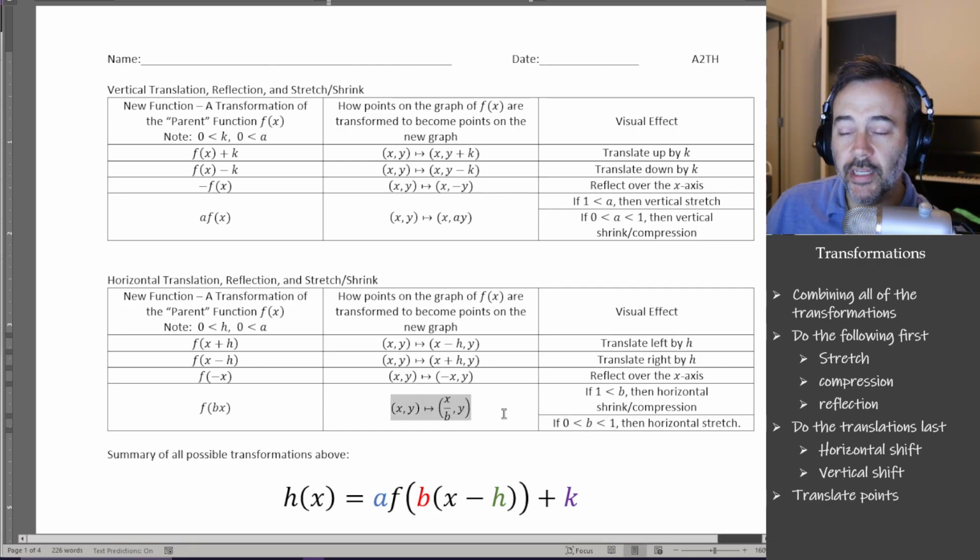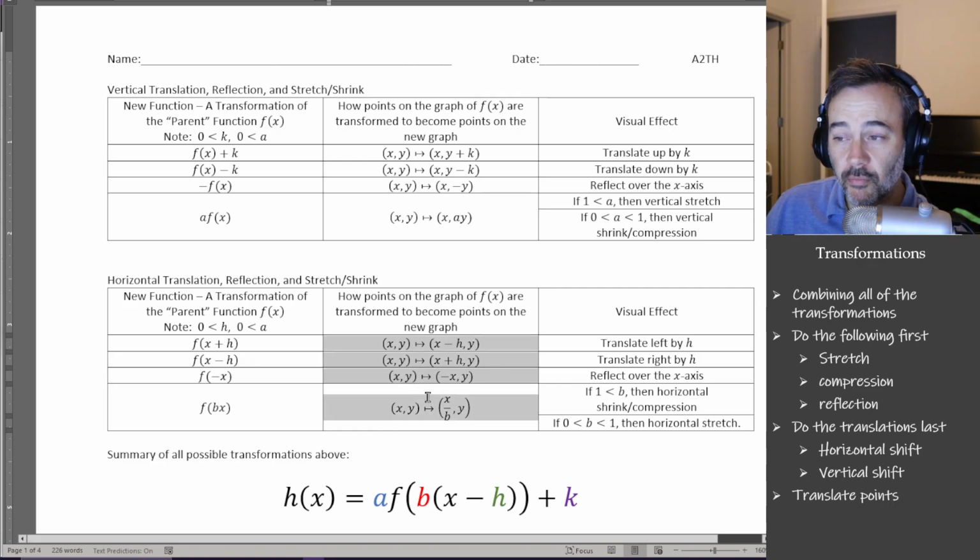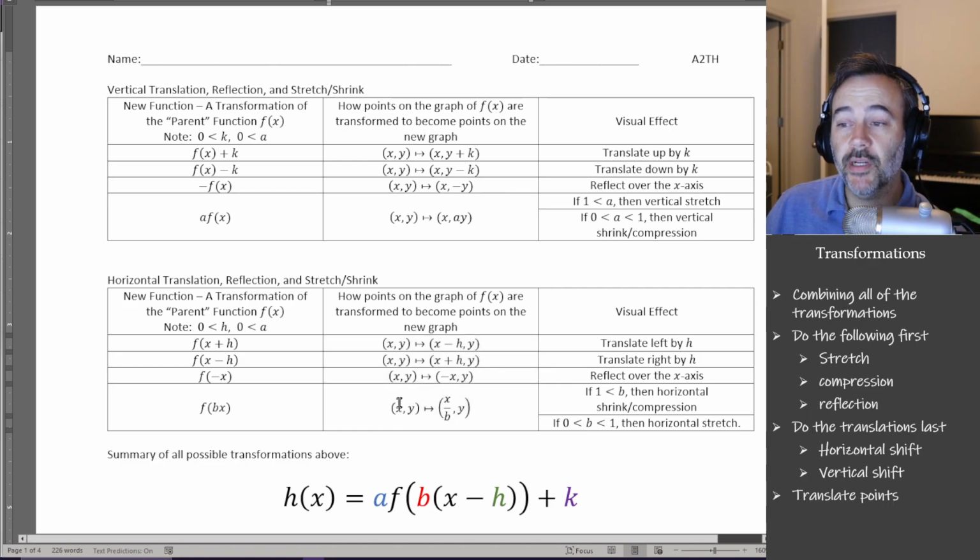This is super handy, and this middle column explains what happens to a single point, like a single point (x, y). So if (x, y) is a coordinate point that's on f, the original function, when you graph f of bx, you're transforming f, and what happens to the (x, y) point? (x, y) gets mapped to (x over b, y).